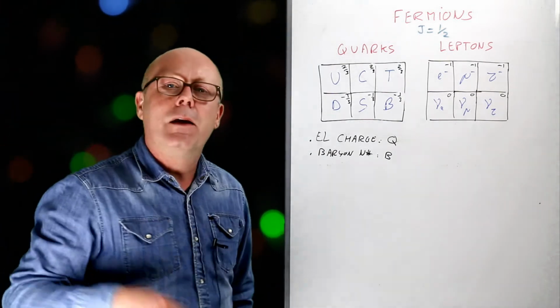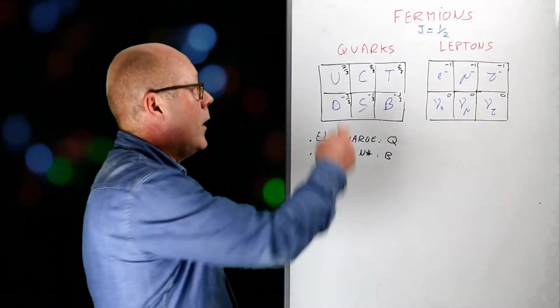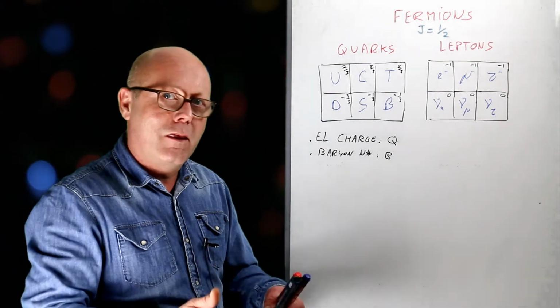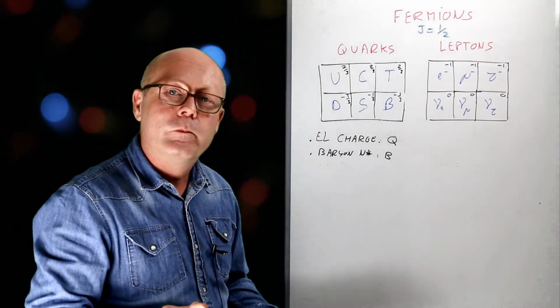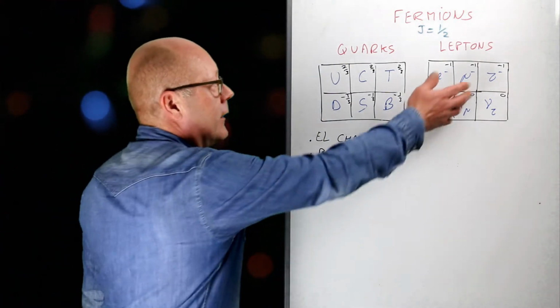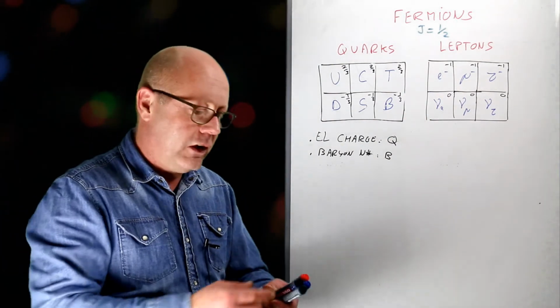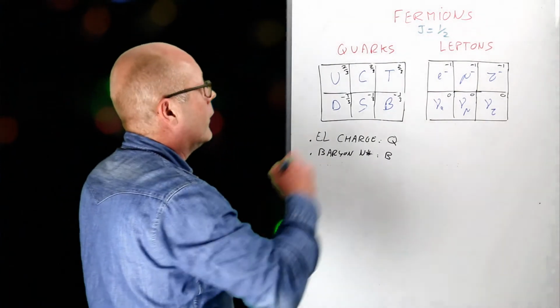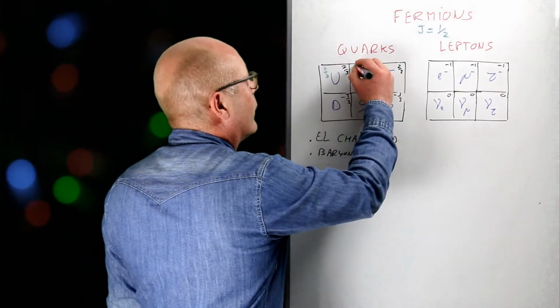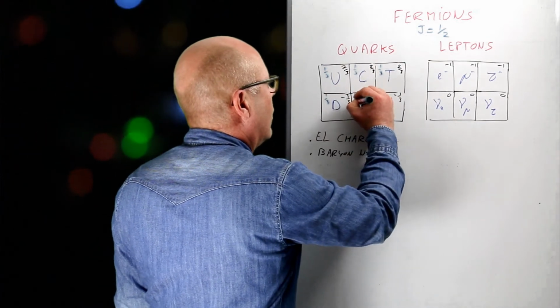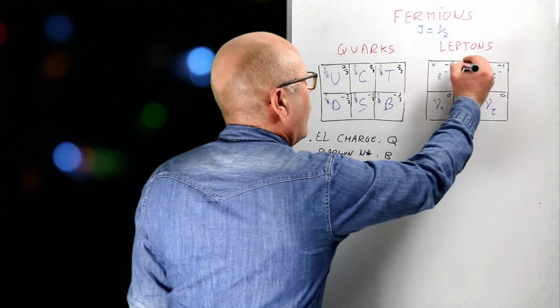For instance, if I build up a proton, well, it's 2 ups and 1 down, so it's going to be 1/3 plus 1/3 plus 1/3 equals 1 baryon. On the other hand, leptons are not baryons, therefore their baryon number will be 0. So 1/3 for all quarks and 0 for all leptons.